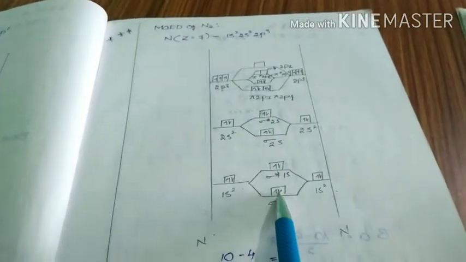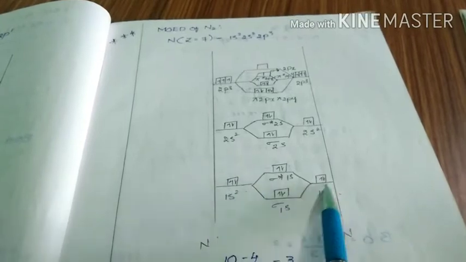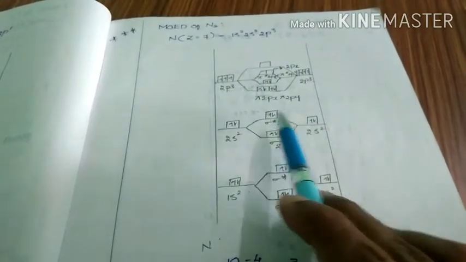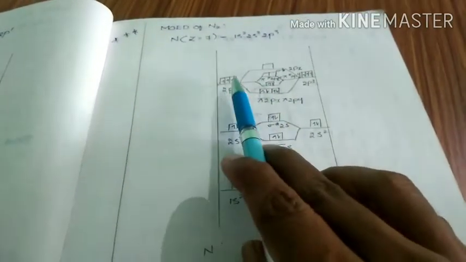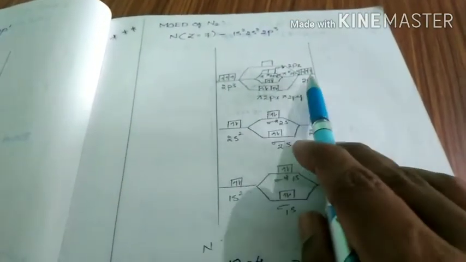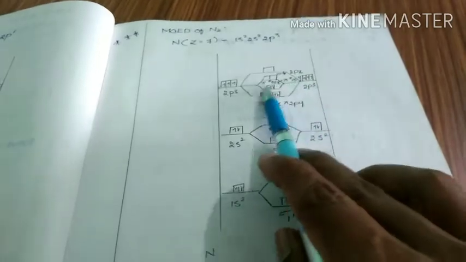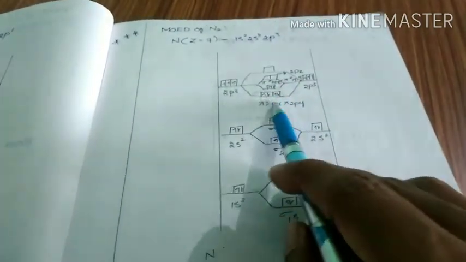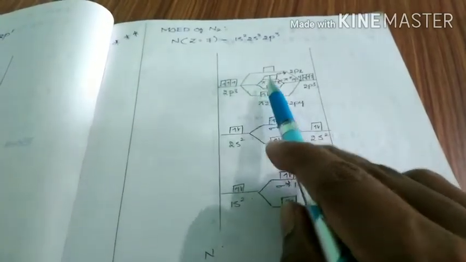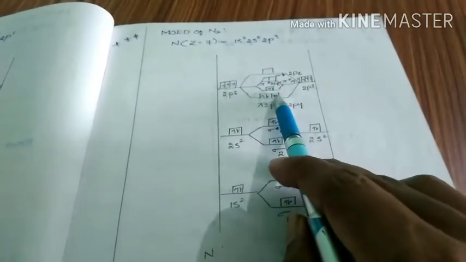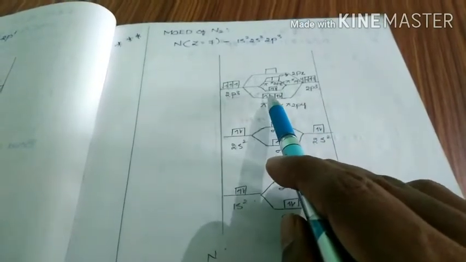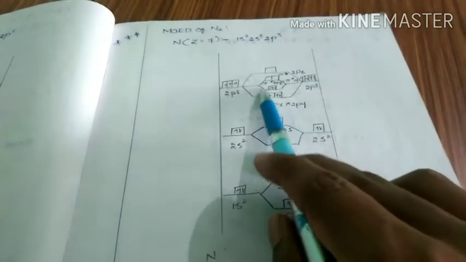After forming bonding molecular orbitals, electrons are filled. Here 2, 2. These electrons are filled here only. Next, here also. Now here, how many electrons? 3 plus 3, 6. Those 6 electrons can be filled here only. They cannot go to the next orbital because after 6 only the 7th electron would come, since 3 orbitals are present here and each orbital can have a maximum of 2 electrons. Total 6 electrons.